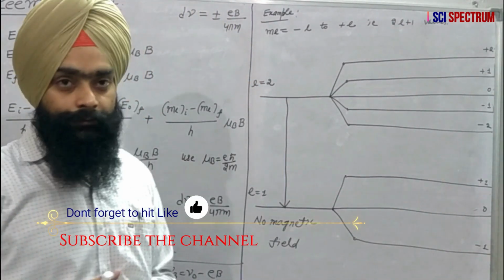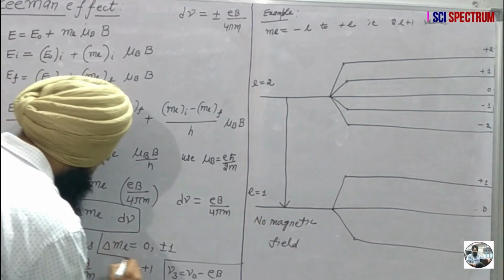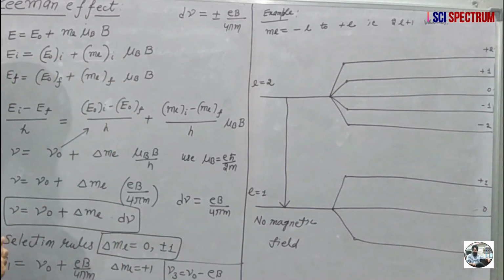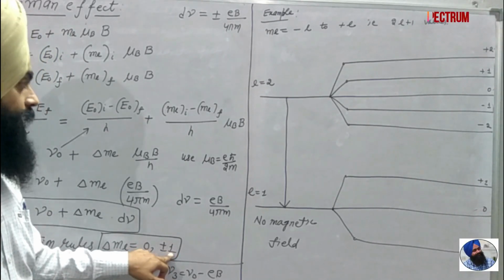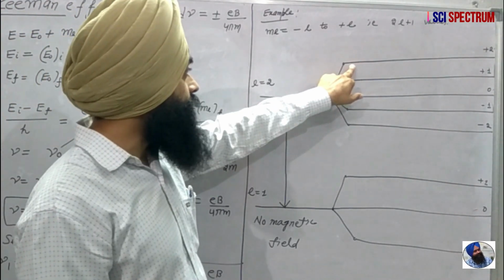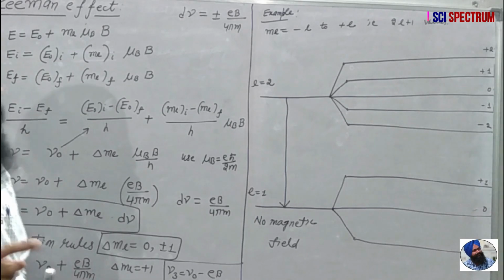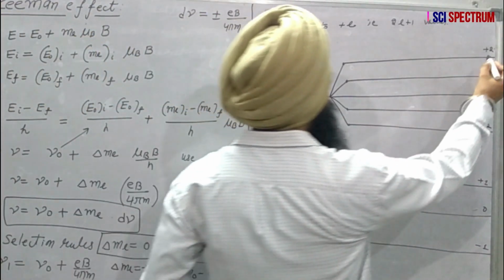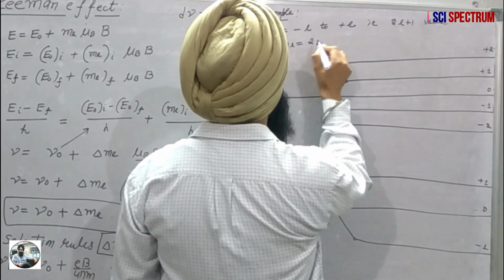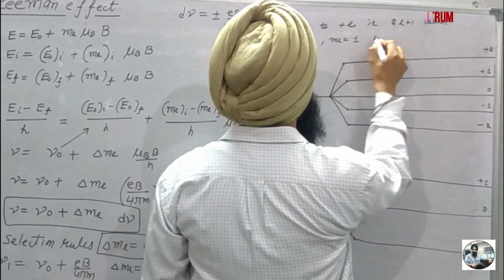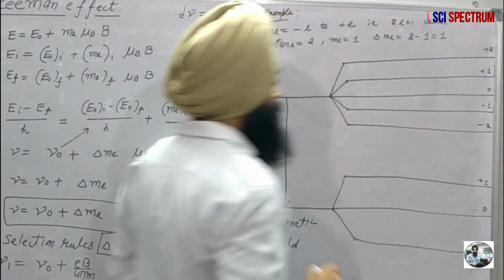Now we have to draw the spectral lines according to this very important selection rule. First of all, we will apply Δm_l equal to +1. It means to say when the atom de-excites from upper state to lower state, the difference of m_l value should be equal to +1, and that occurs for m_l. If we take initial value of m_l equal to 2, final value m_l equal to 1, then Δm_l is equal to 2 minus 1 is equal to +1.